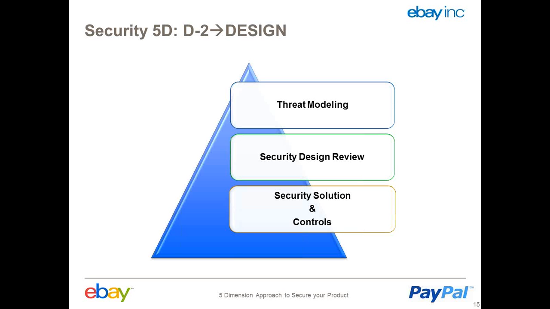So coming down to dimension number 2, design. Now, design is again a very, very important model. As you keep going down through the various dimensions, the number of approaches decreases, but the approach intensity increases.